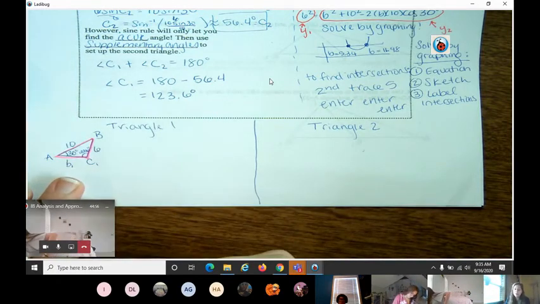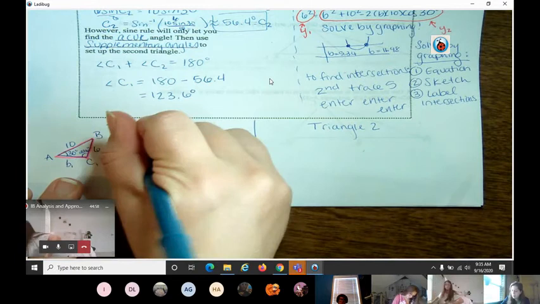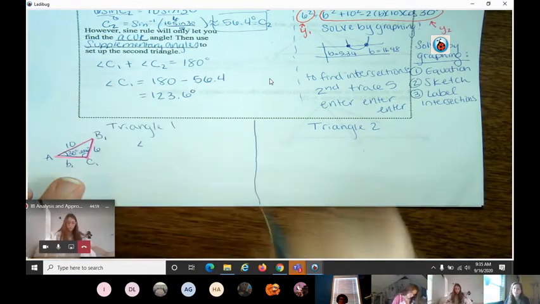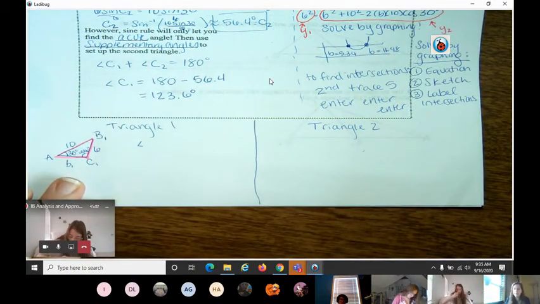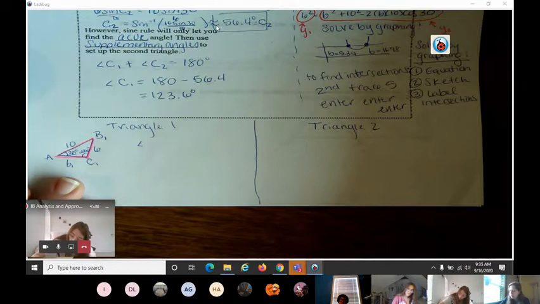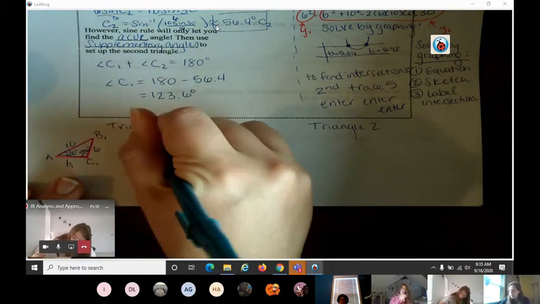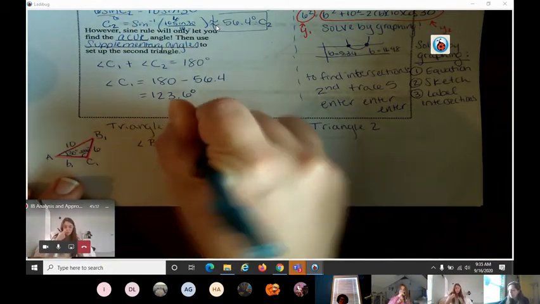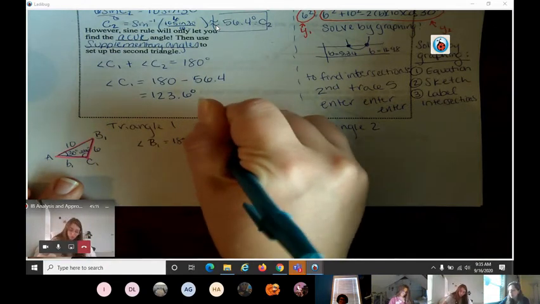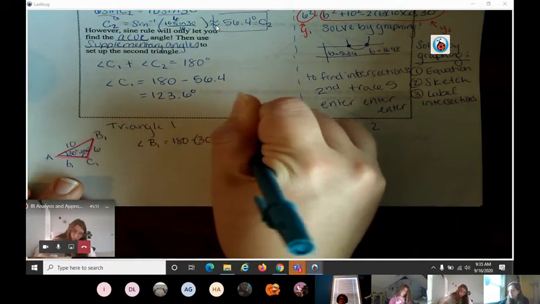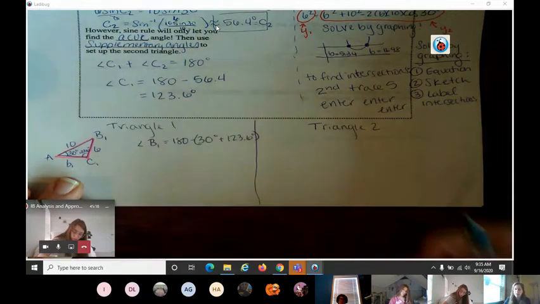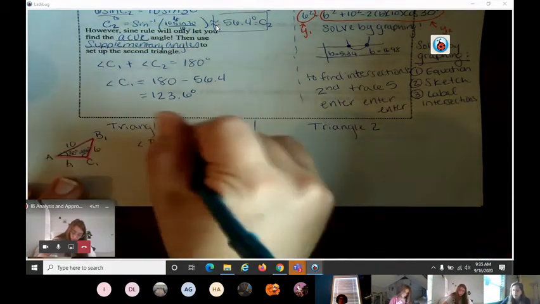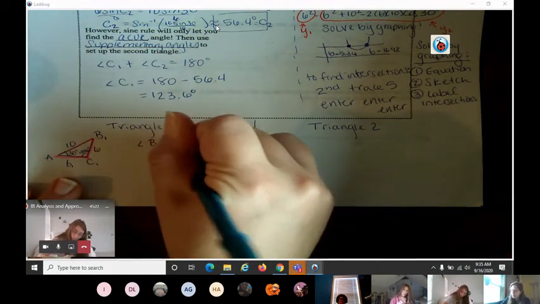I can solve for B. And we're going to call this B1 since there are two different possibilities for B. I'm going to turn this lamp off because I feel like it's washing out the paper. There we go. So we have B1 is going to be 180 minus my 30 plus 123.6. So I'm just subtracting those two other angles. And I should get the angle B1 is 26.4 degrees.